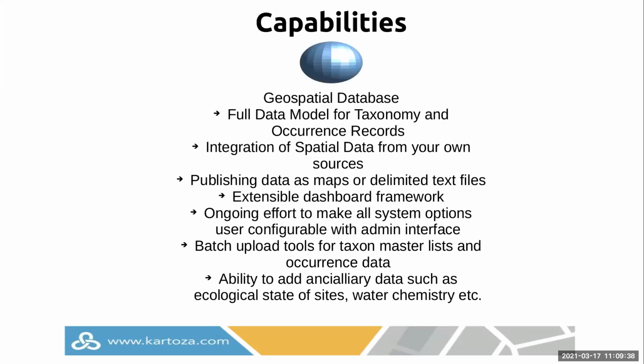So the platform, Jeremy and Helen already ran through a lot of the user-facing capabilities. I'll just mention some of the things that it does under the hood. The first is that it actually includes a full geospatial database.